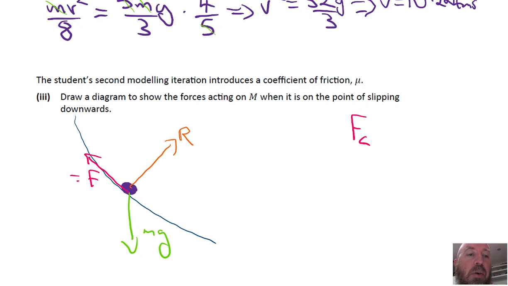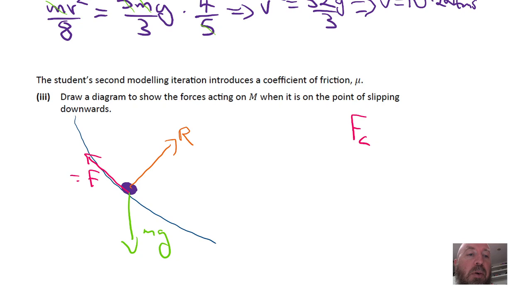So what are we at now? Again, so now what we do, we look at the horizontals and verticals and see what works. So we know the horizontals, so the verticals have to balance each other out. So, actually, what's the question even asking us to do? Oh, Emma's velocity is 7.5 when it is on the point of slipping downwards.